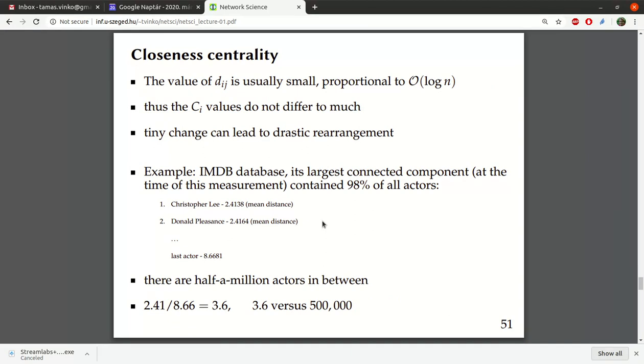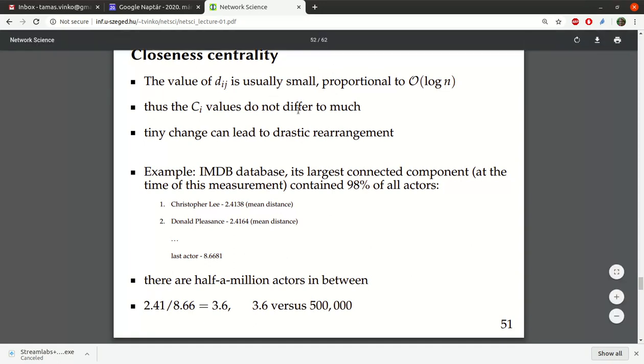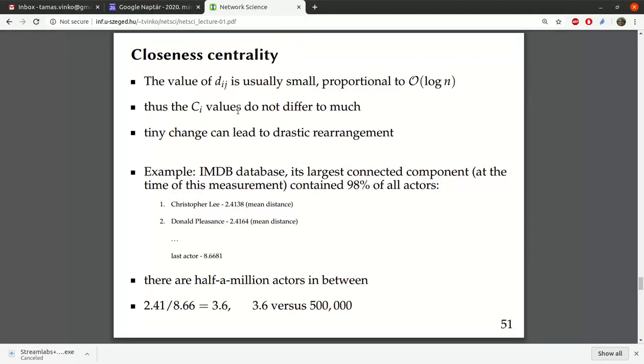So we know from our background in algorithms and data structures that usually the shortest path between two nodes is kind of small. We can say that it's proportional to the logarithm of the number of nodes. And this can also mean that these CI values, the closeness centrality values, are not very different from node to node.